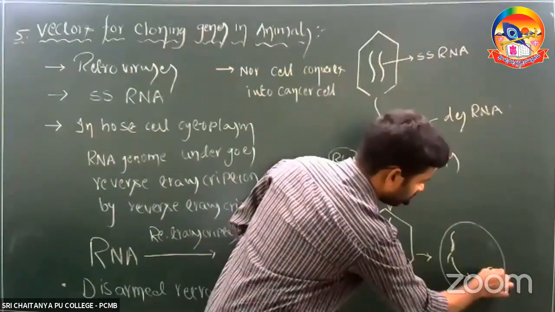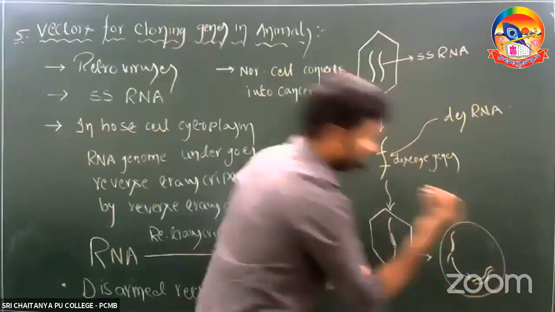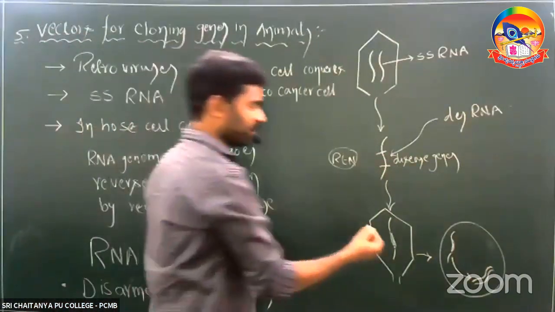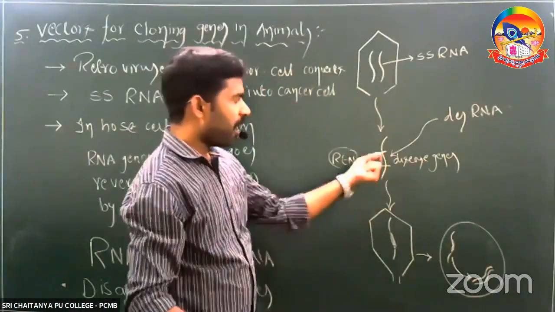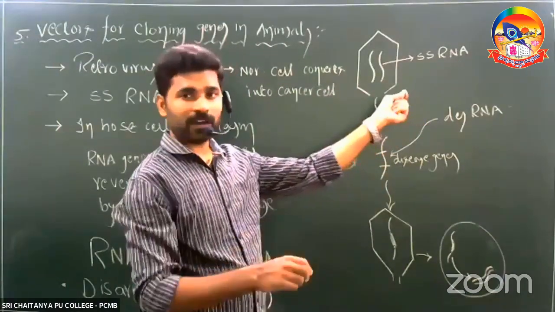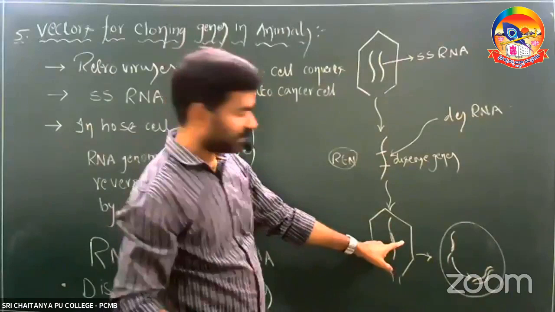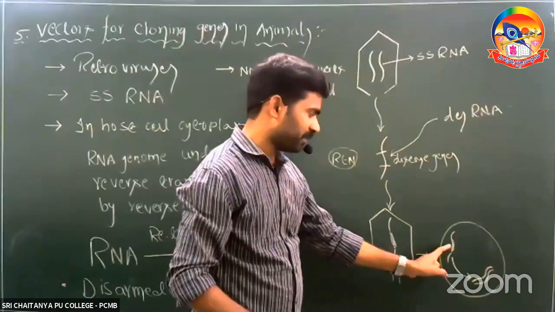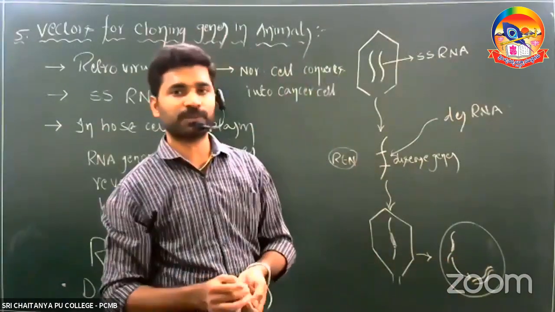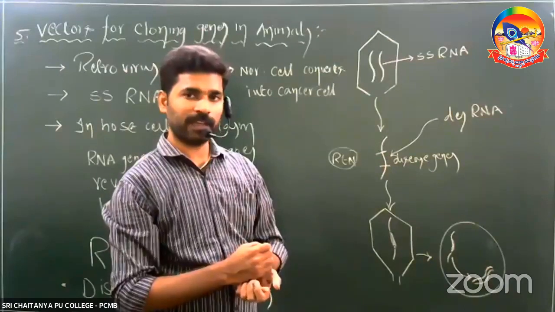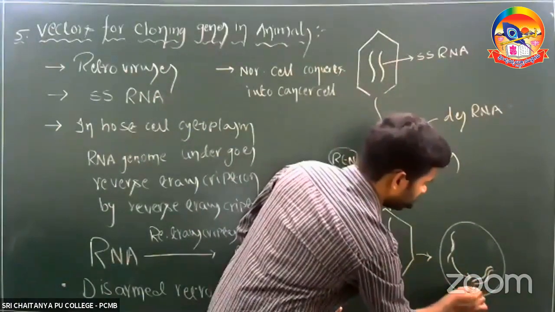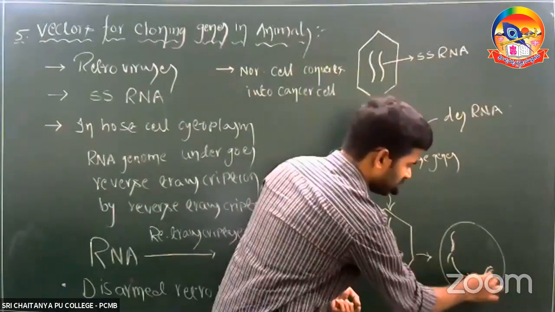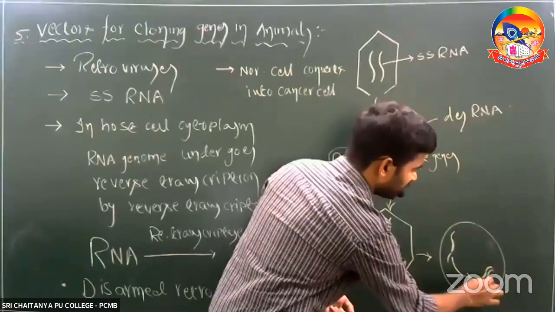The rRNA molecule, meaning recombinant RNA molecule, which is present in retroviruses, enters the animal cell cytoplasm, undergoes reverse transcription by the reverse transcriptase enzyme, and results in the formation of dsDNA, double-stranded DNA.